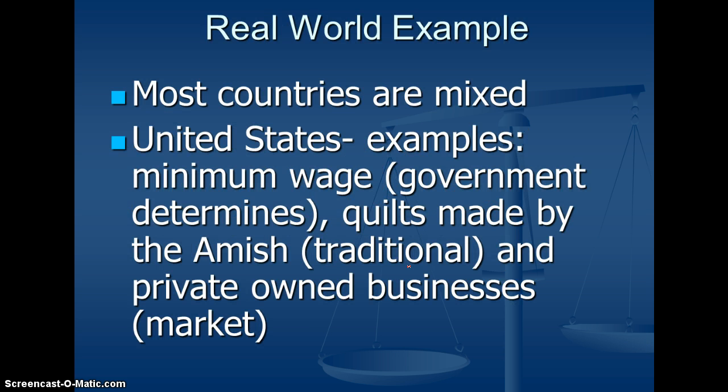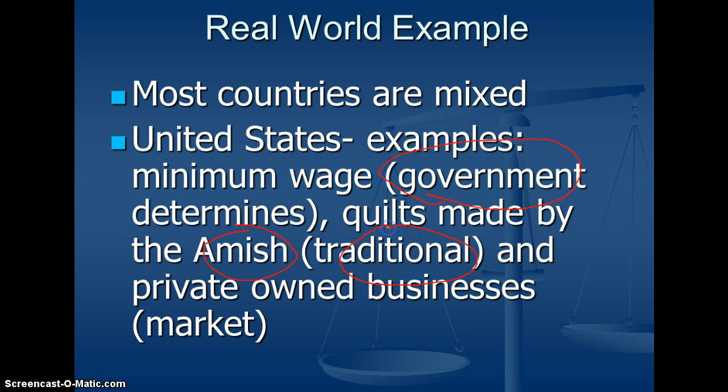Most countries are mixed. The United States, we have minimum wage. That's set by who? It's set by the government. So we do have government involvement. We have Social Security. That's an example of government involvement. After a certain age, we pay people money because they don't have the ability to work. We do have Amish. That's a traditional economy.